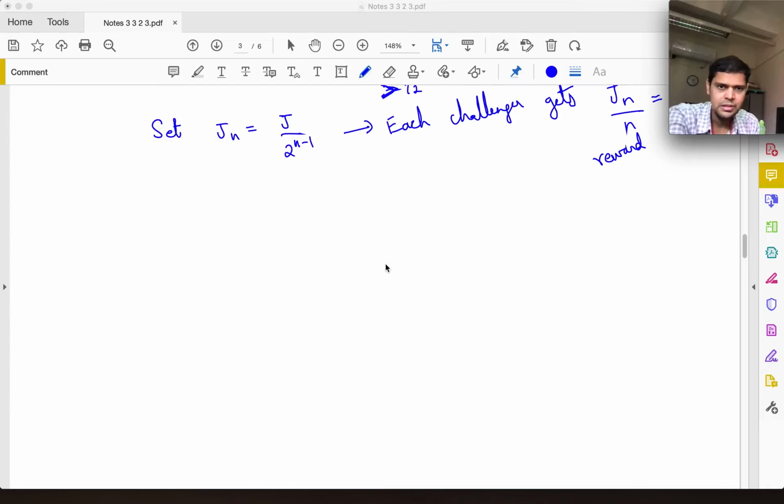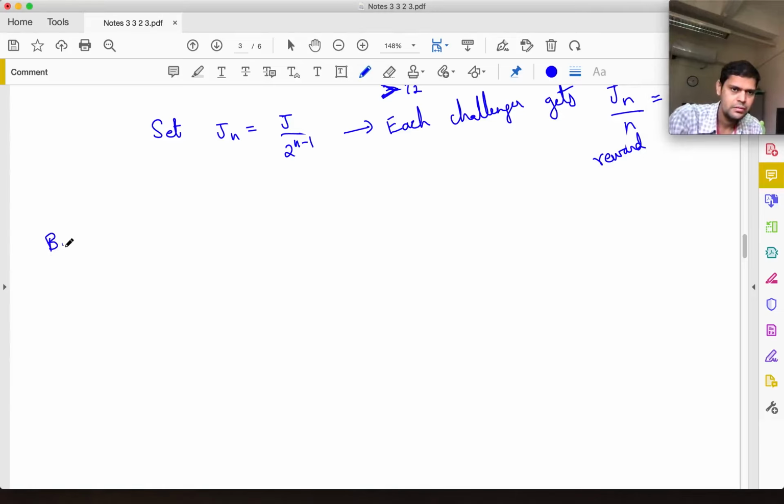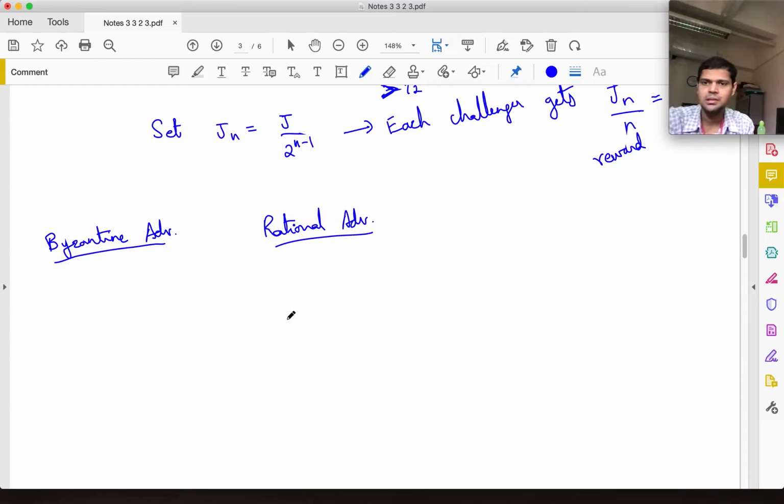Suppose, for example, somebody is a Byzantine adversary. So if a person is a rational miner, so let's say, I shouldn't say miner, but a rational adversary. So a rational adversary wants to maximize his earnings.